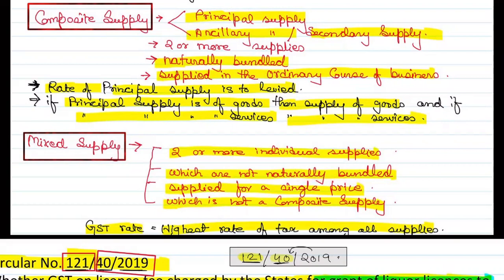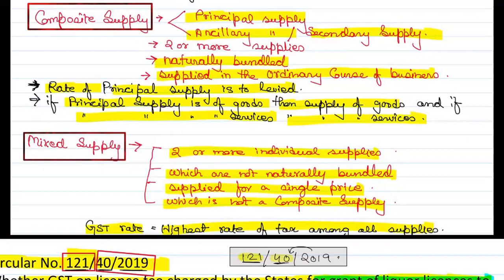They have just made a combo pack, a gift hamper, where two or more individual supplies are there. Chocolate itself can be sold separately, fruit itself can be sold separately, and the soft drinks can also be sold separately. But they're combined together.